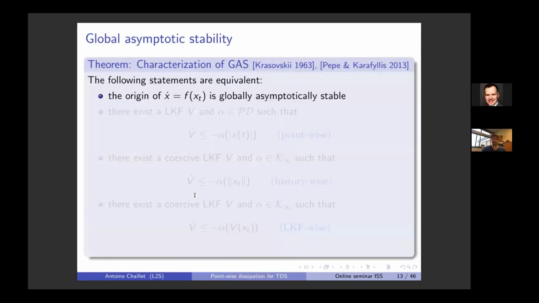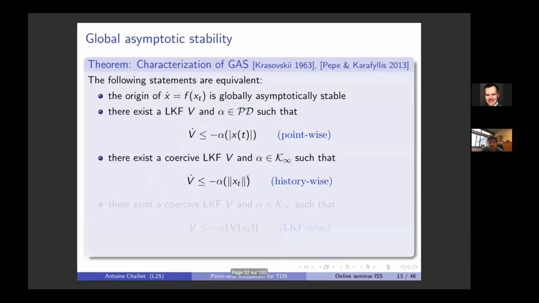The characterization we have for global asymptotic stability is not my result. It goes back to the work of Krasovskii and also more recently by Pepe and Karafyllis, that the following statements are equivalent. The fact that the origin is globally asymptotically stable is the same as requiring an LKF which dissipates pointwise, or dissipates history-wise, or dissipates LKF-wise, meaning involving the Lyapunov functional itself.